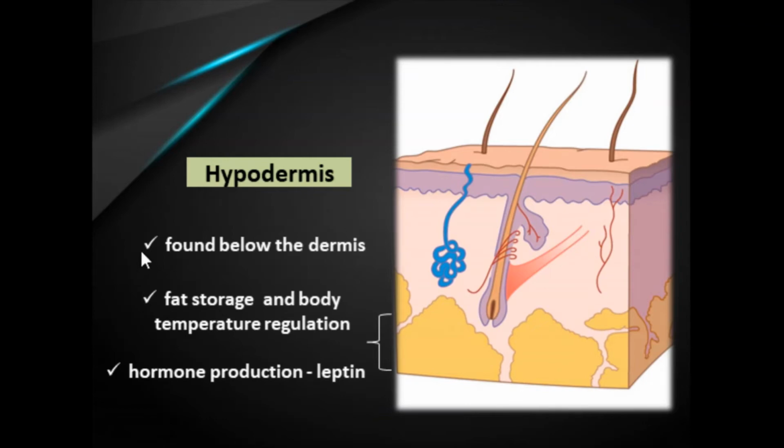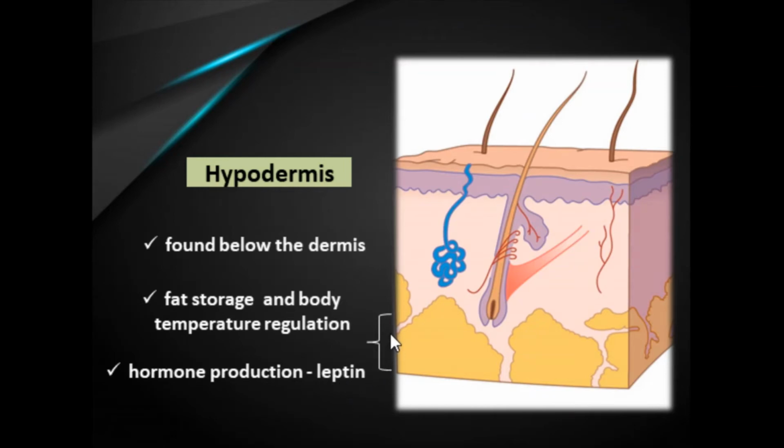Okay, again, let's read it one by one. Found below the dermis. Fat storage and body temperature regulation. And last one, hormone production. And the hormone produced is leptin.